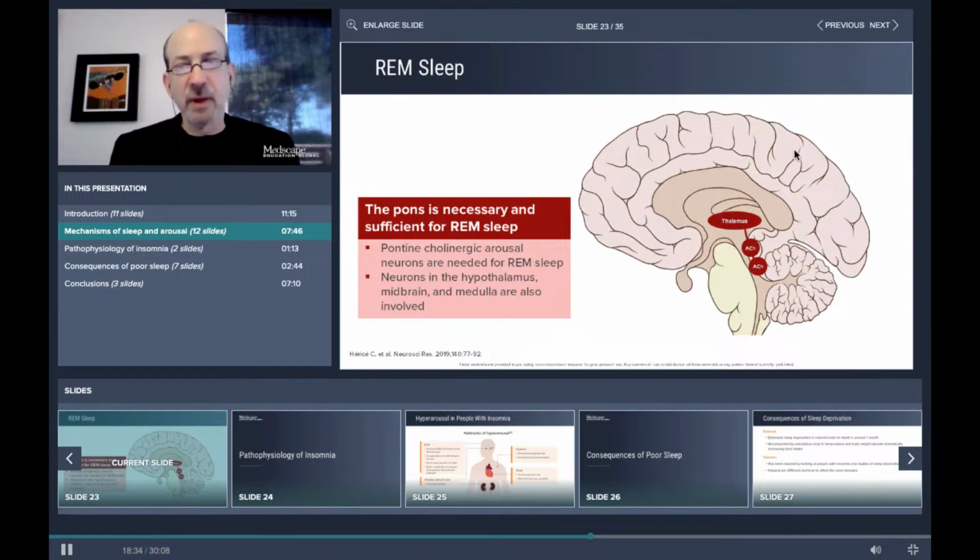And just mechanistically, the pons part of the brain is a critical aspect of physiology in REM sleep. And there's been a string of experiments that have shown that the pons is necessary for REM sleep. And there are also neurons in the hypothalamus, midbrain, and medulla that play a role.